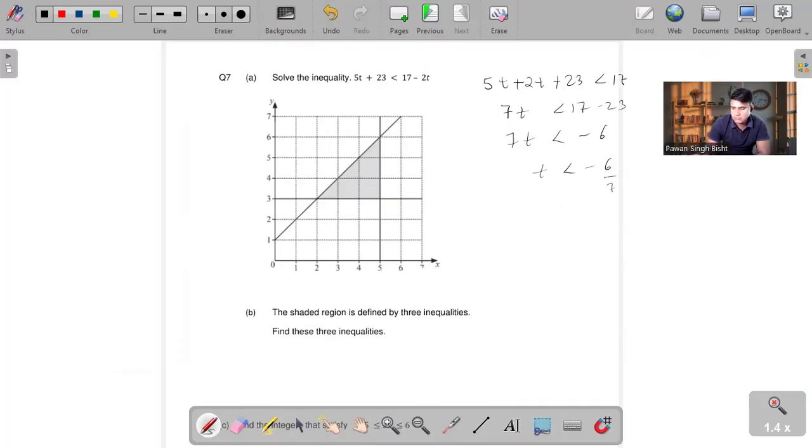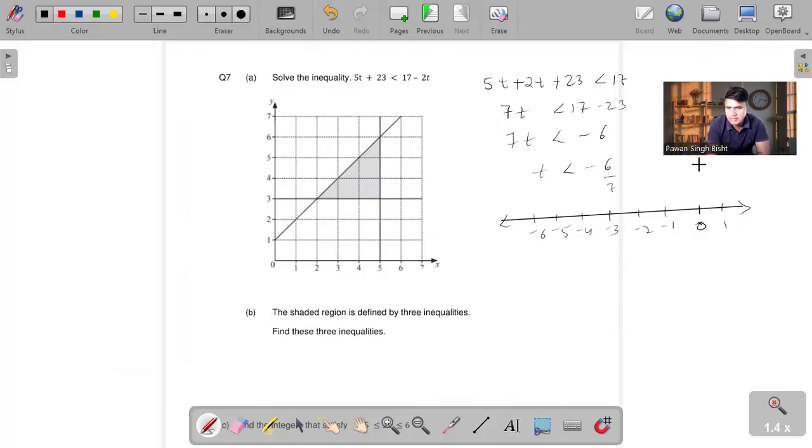If you calculate 6 over 7 in decimal, negative 0.85. Okay, so when I represent it on the number line, this is 0, this is minus 1, minus 2, minus 3, minus 4, minus 5, minus 6, and so on, and this is 1 on the right side.